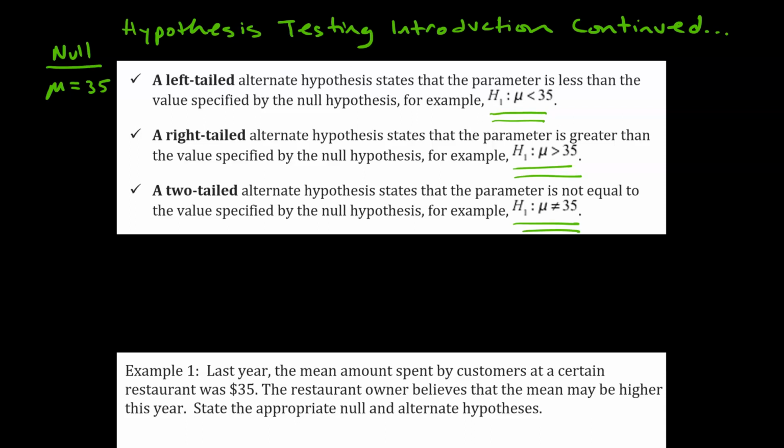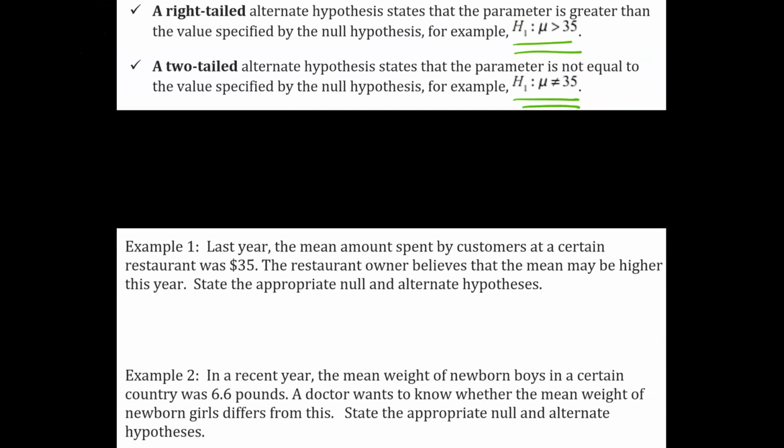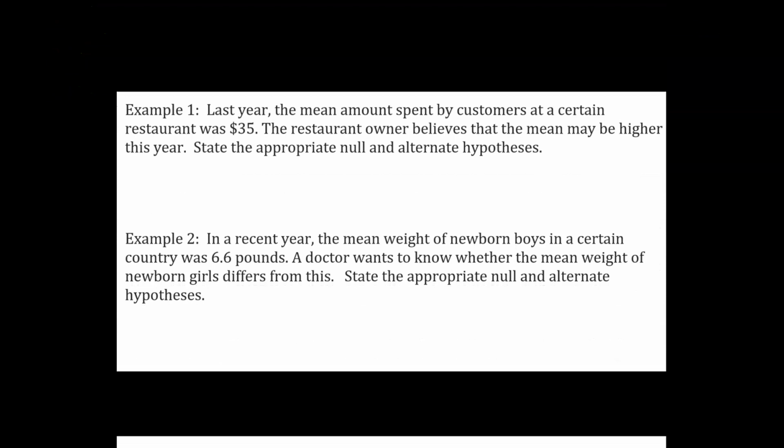Okay, so let's take a look at some examples here, and we'll set up our hypotheses. And that's actually going to be one of the most important things that you do in a lot of these problems, is properly set up the null and alternate hypotheses. So example 1: last year, the mean amount spent by customers at a certain restaurant was $35. The restaurant owner believes that the mean may be higher this year. And so if that's the case, isn't the owner or the researcher hypothesizing that the mean is going to be greater than 35?